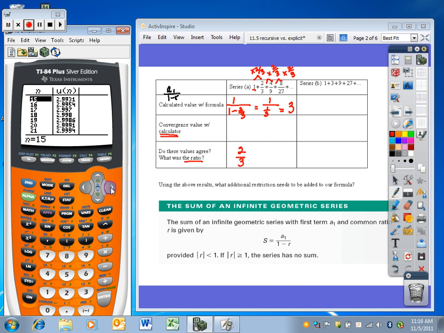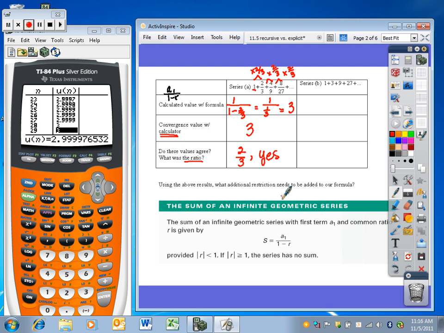As my n's keep getting bigger, what number is my sum approaching? What is it converging to? And it's looking like 3 to me. Let's see if we keep going, if it actually gets there. There it is. We do actually get to 3. So by using the calculator, we also do get to 3. So it's looking like our formula is working. When our ratio is 2/3, we did still get our formula to work.